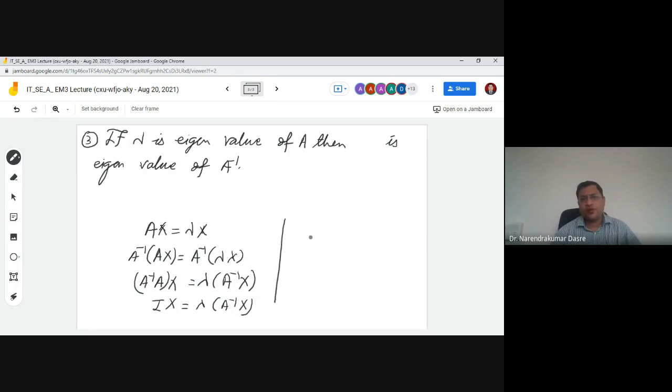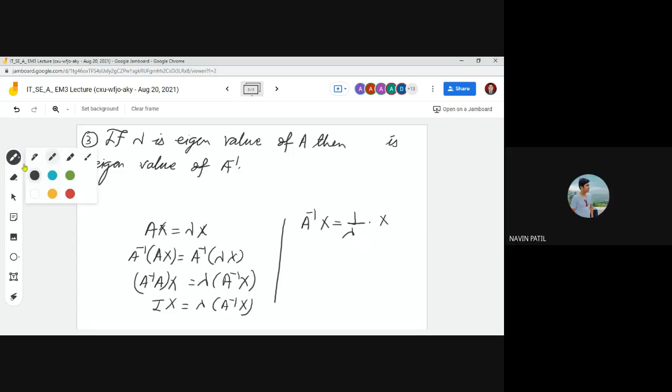Now lambda being a scalar, I can take it to the other side, and I can write A inverse x is equal to 1 upon lambda times x. Is that okay? Are you getting this? I have taken lambda to the other side, and I into x is going to be x only. Correct? Yes, sir.